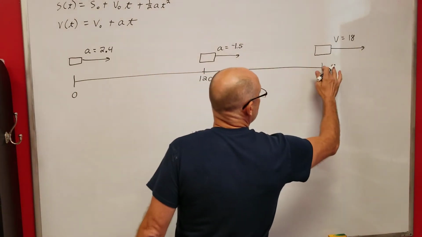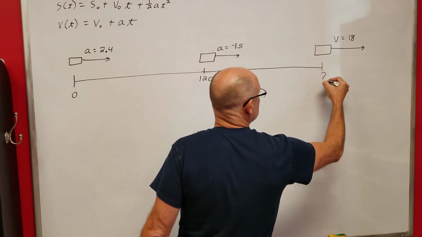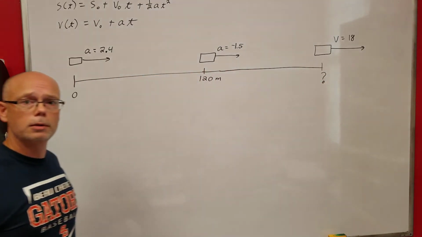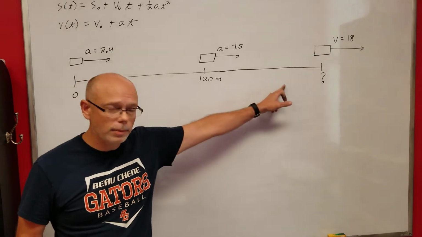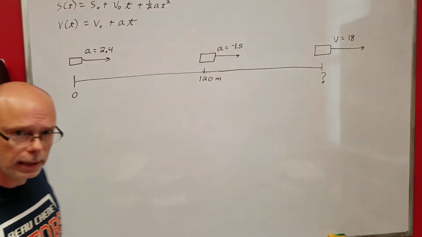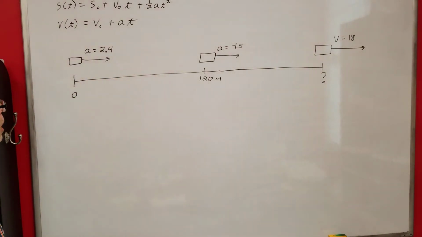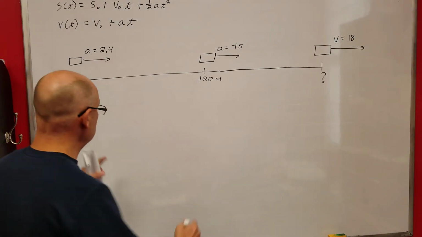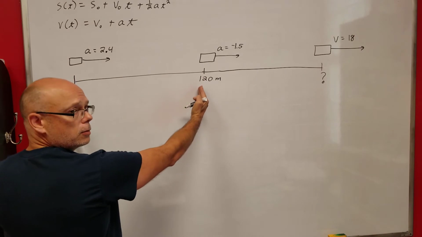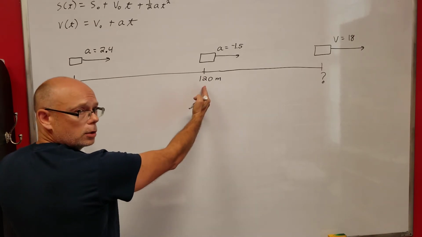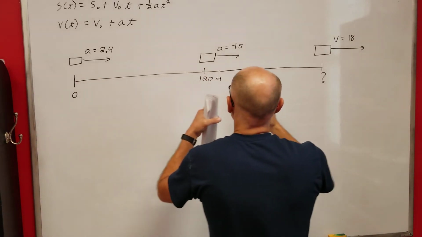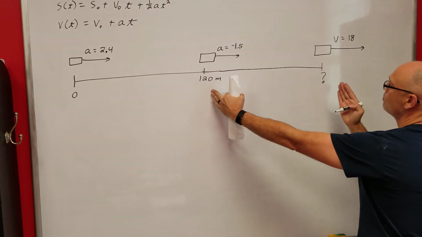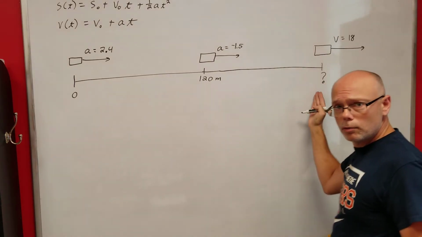So once it gets right here, what is that distance that it traveled? It's greater than 120 meters, right? So we need to find that. What I'm going to do is split this into two sections. I'm going to look at the section where the motorcycle went from 0 to 120 meters. Then I'm going to look at the section where the motorcycle went from 120 meters to over here, okay?